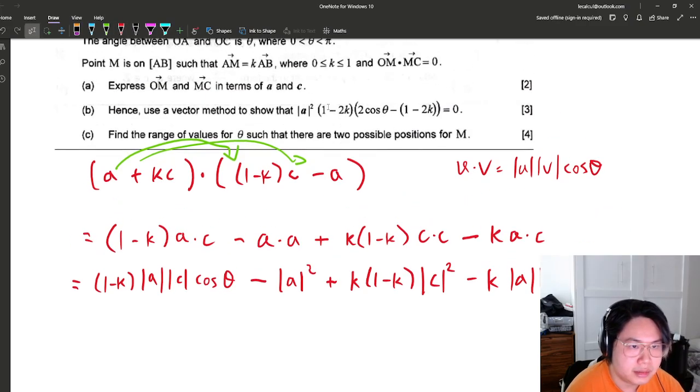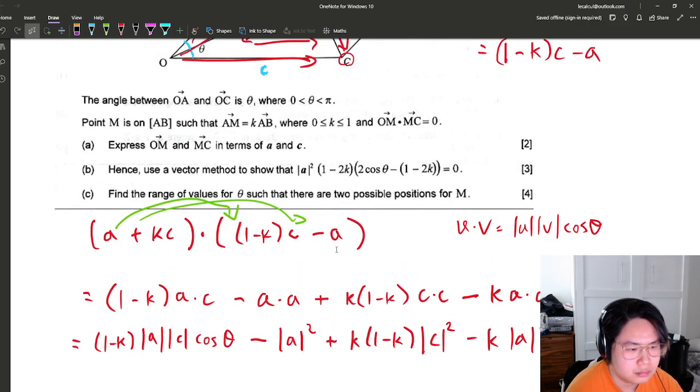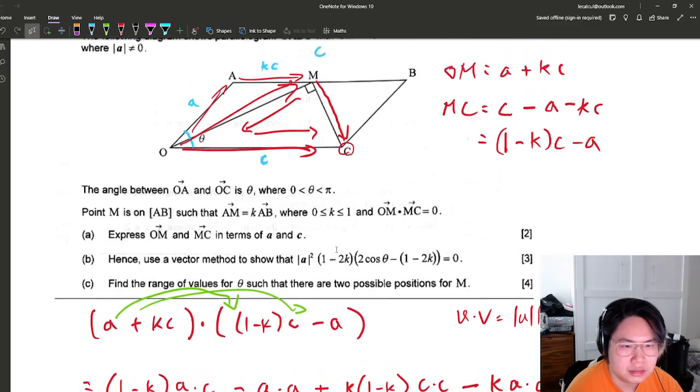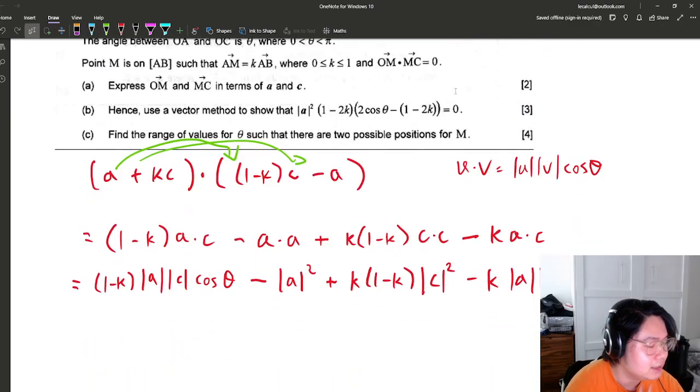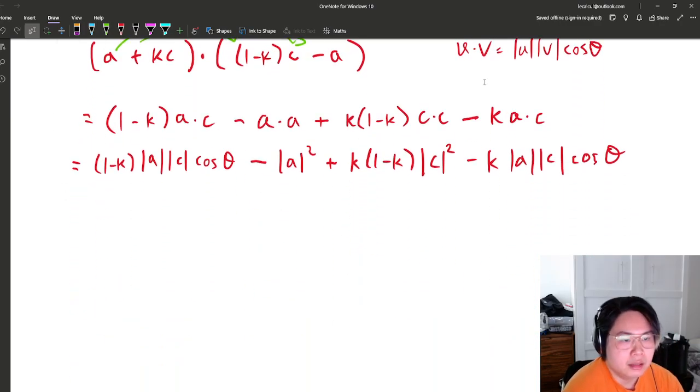And then there's no length of C. Why? Do I know the length of C? Oh, right here. C is twice the length of A. Oh my god.